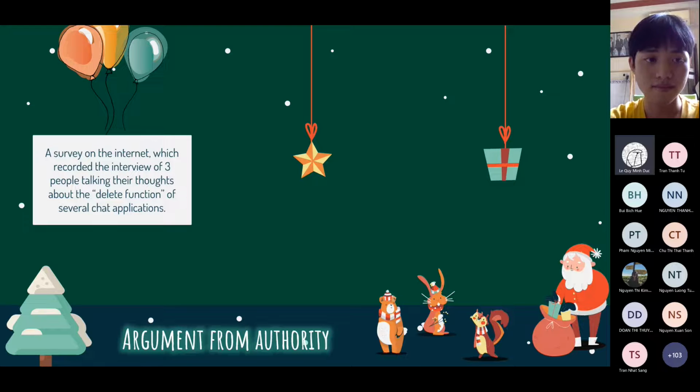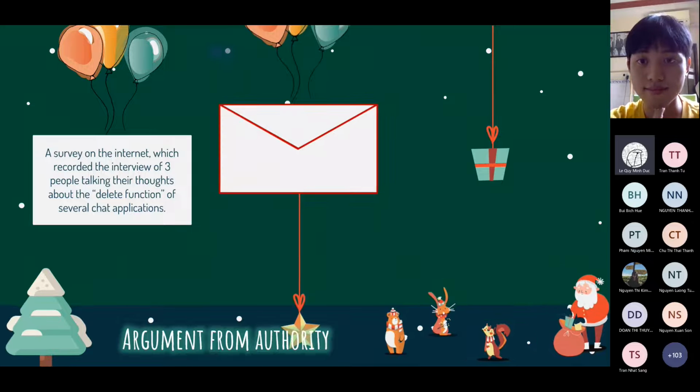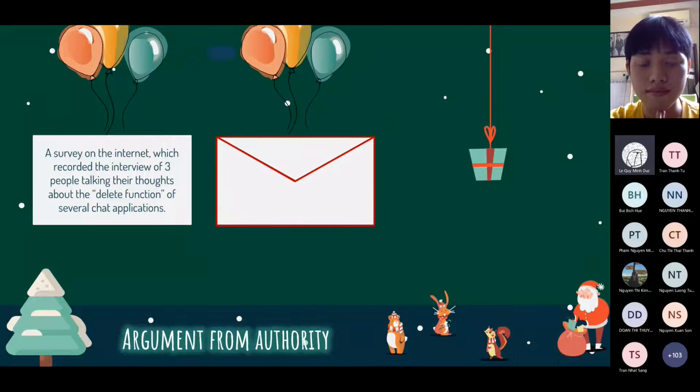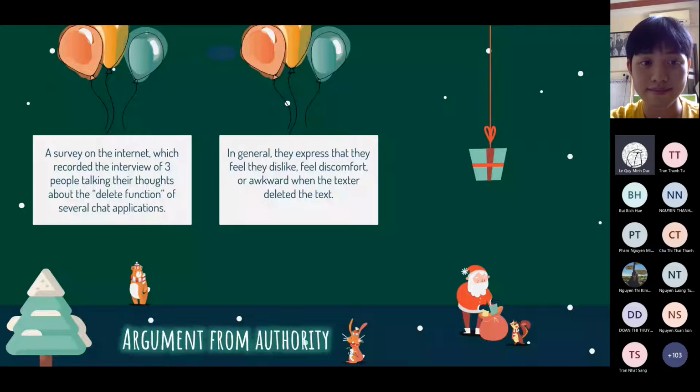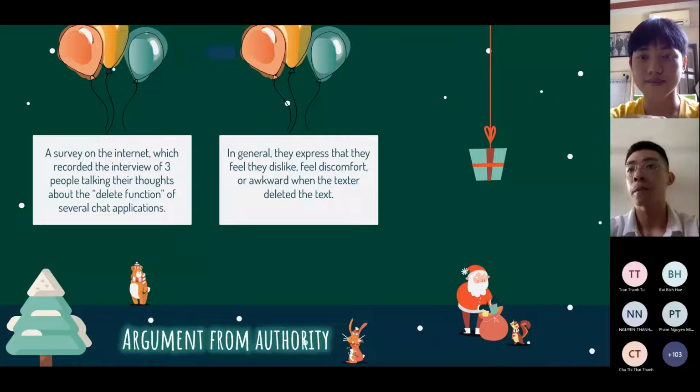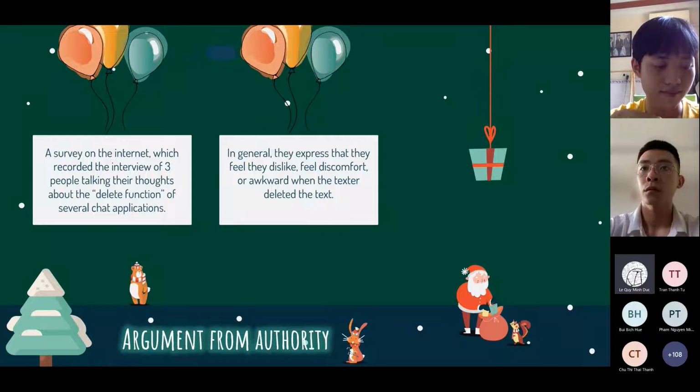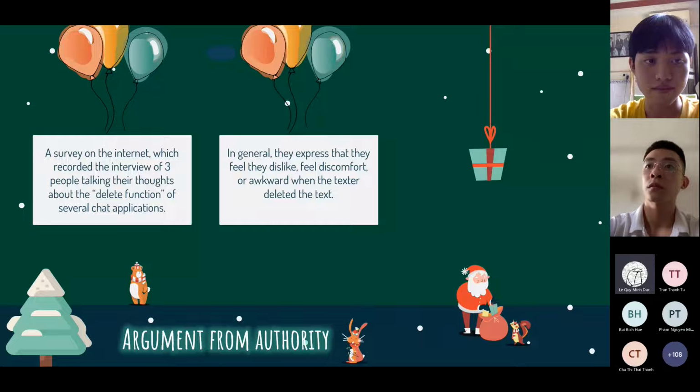To paint a picture, I will describe three typical people. The first person says the remove message is unethical because it can be a way to destroy evidence of the conversation. The second one says whenever people remove a message, they feel very annoyed or uncomfortable.